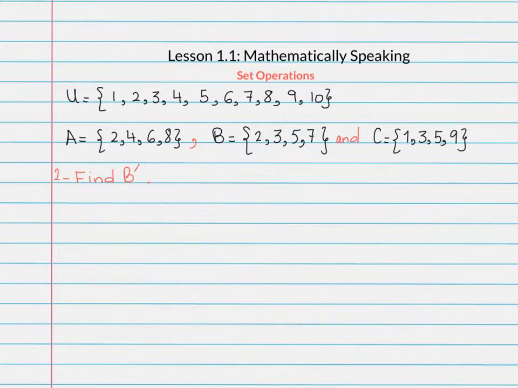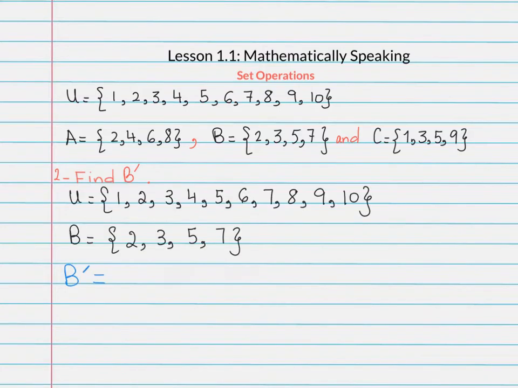Question number 2 is find B prime. B prime means the complement of B. We agreed, step 1, list down again the universal set and set B. Then let's cross out the elements that are found in B and in the universal set. I have 2 in B, I cross it out from the universal set as well. 3 as well, 5 as well, and 7 as well.